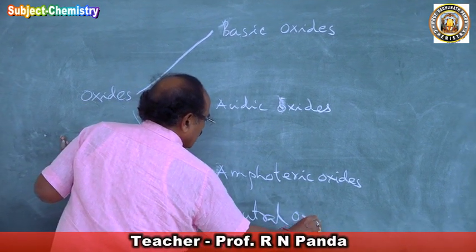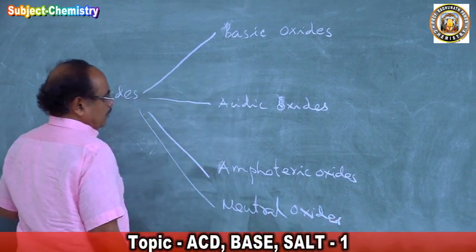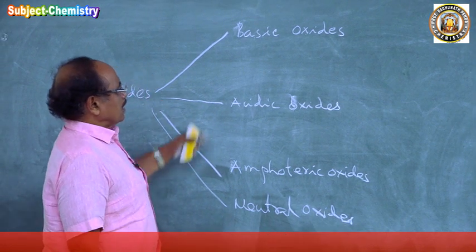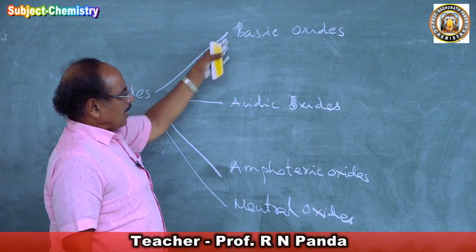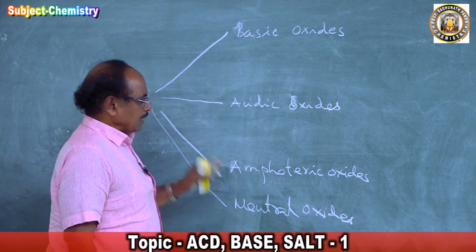Depending upon the type of element and the properties the oxides exhibit, they are basic oxides, acidic oxides, amphoteric oxides and neutral oxides.